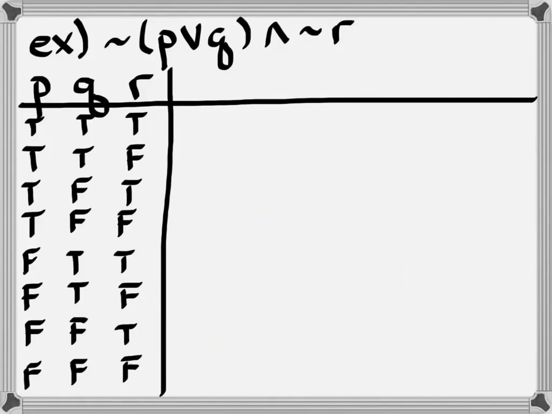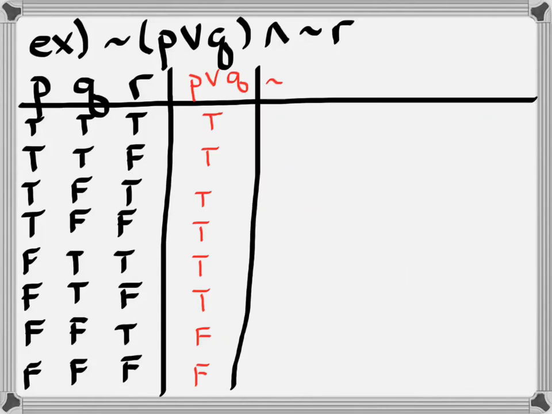All right, following order of operations, we would like to find the truth value of P or Q. So, we forget about the column for R, and we simply look at the values for P and Q on the left. The first two values for P and Q in the first row are true and true.